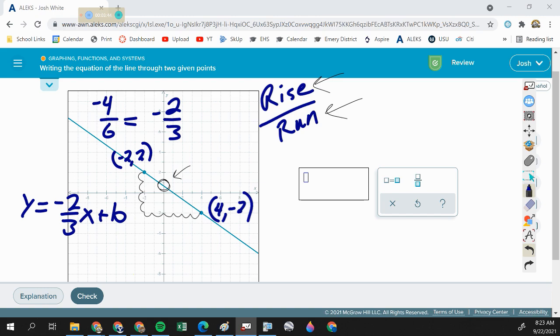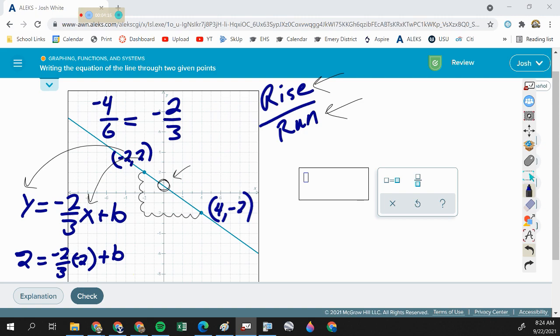And if you look at this equation, there are 3 variables remaining, and I know 2 of them. So pick one of the points and plug it in. It doesn't matter which one. So I'm going to plug this one in. That gives me 2 equals negative 2/3 times 2 plus b, or times negative 2. Sorry.